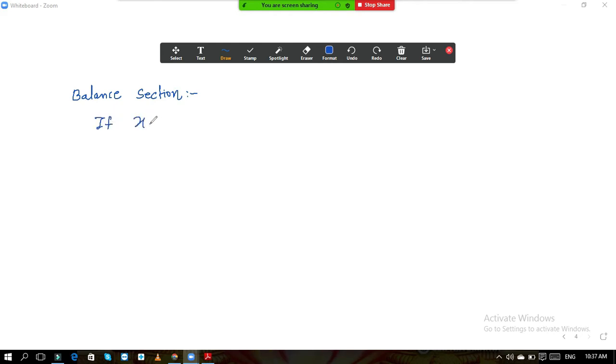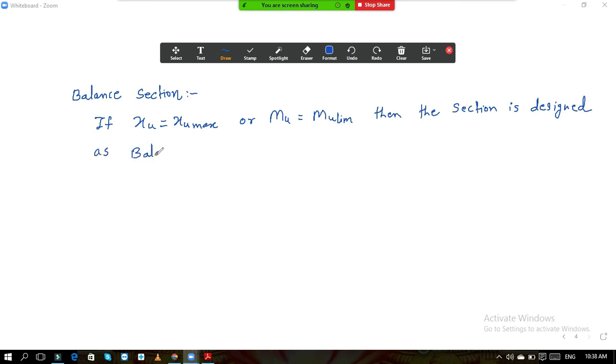If XU is equal to XU max, or MU is equal to MU limiting, then the section is designed as a balanced section.